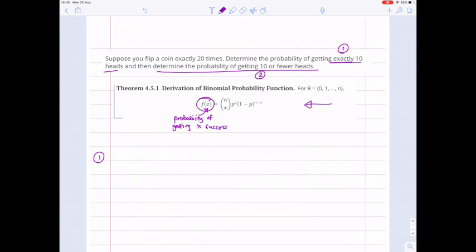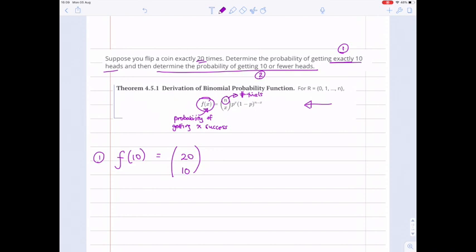That's this whole thing. So if we want the probability of getting 10 successes, then we need, now n is the number of trials. So in this case, that's going to be 20. And we want the probability of getting 10 successes.